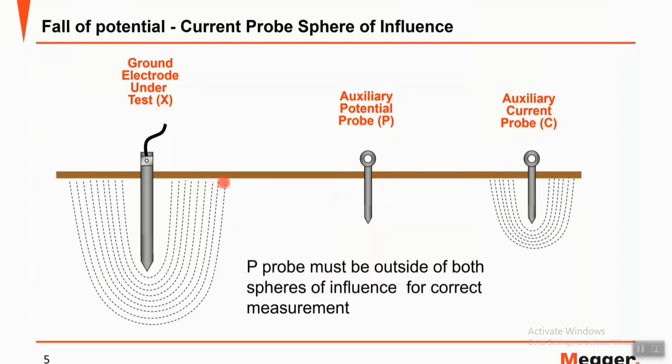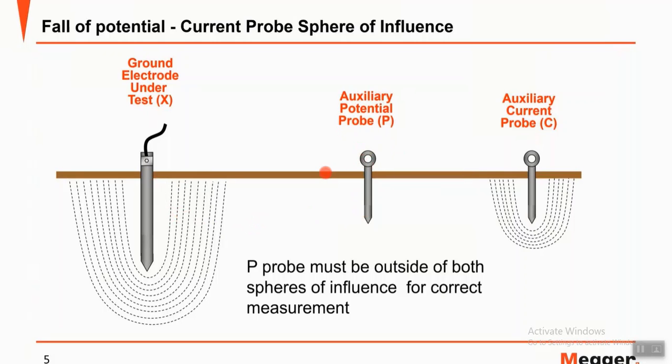In both the electrode under test and the auxiliary current probe there is an electrical field, because we inject voltage and current flows to both electrodes. So each electrode provides an electrical field.